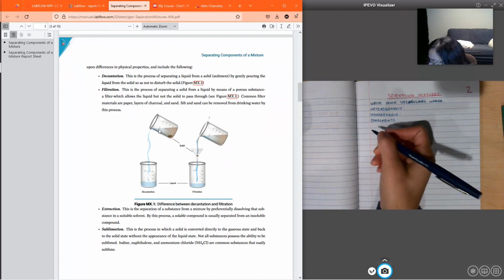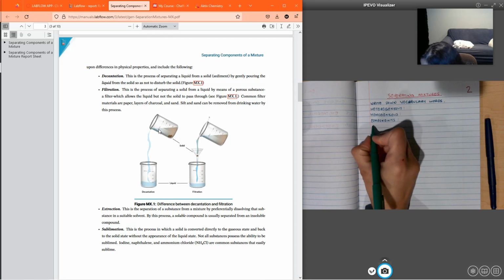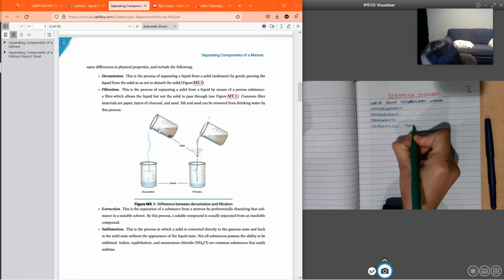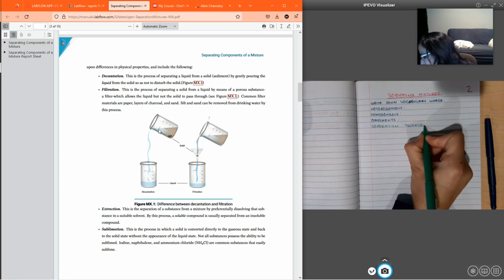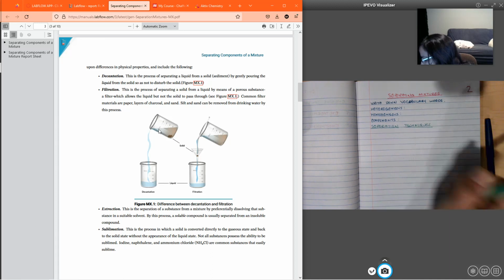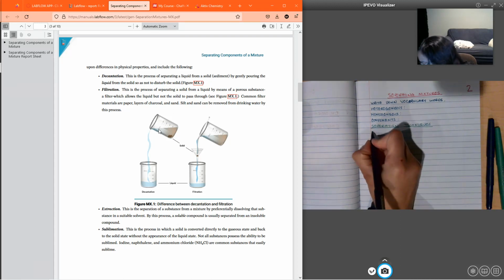So separation techniques here. The different types of separation techniques. What do we have? We have decantation.